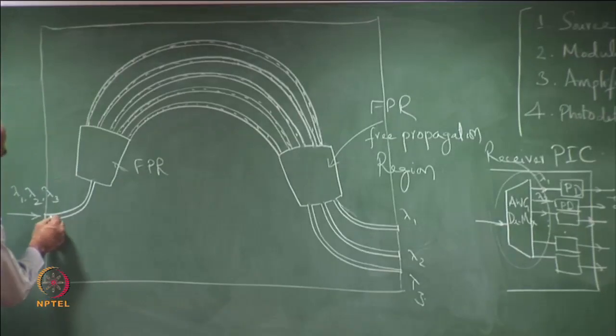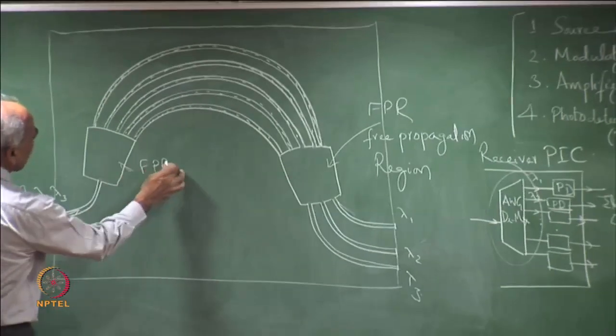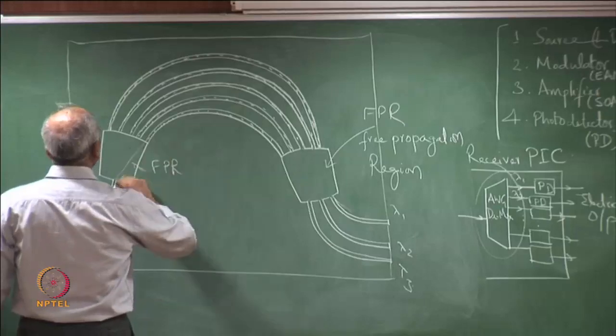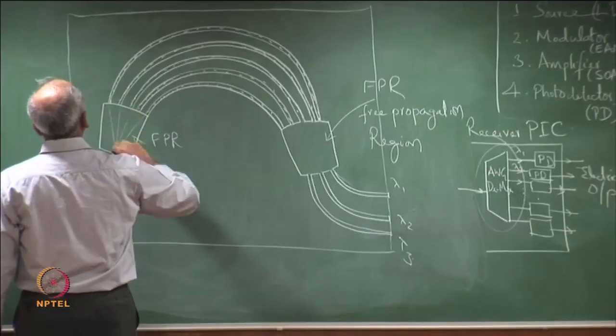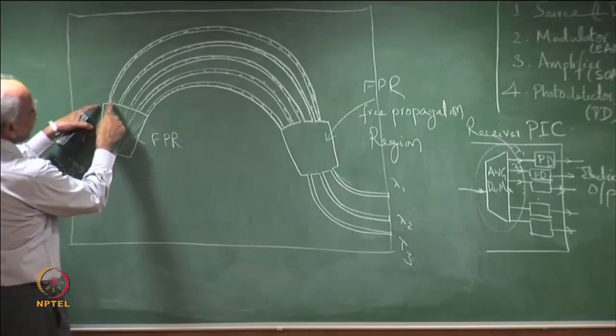Light which is entering here, the multiplexed channels. So, this is the free propagation region. There is diffraction taking place, so light diffracts into all the channels here, which are actually quite close.